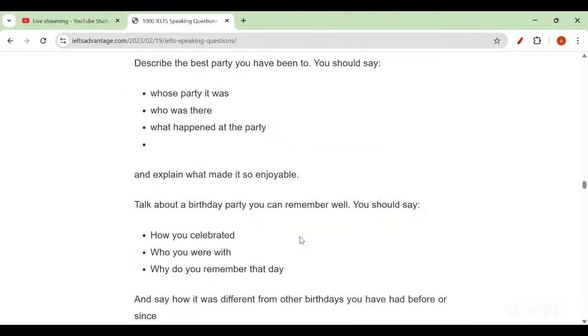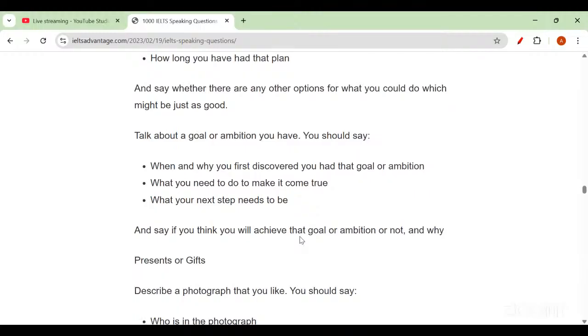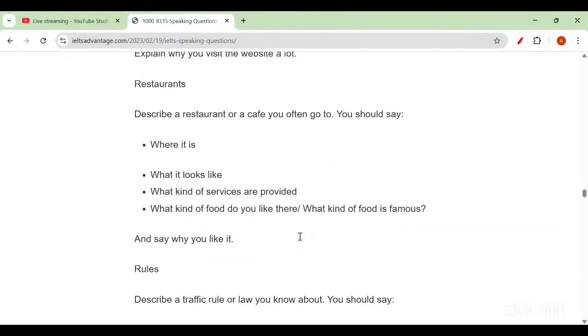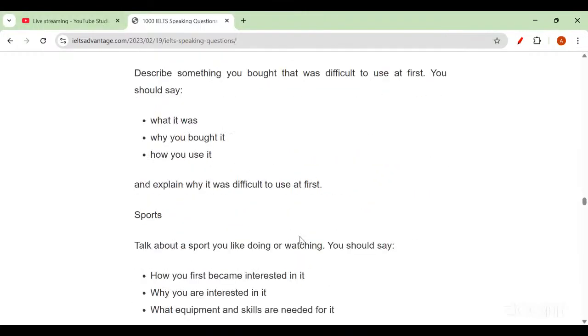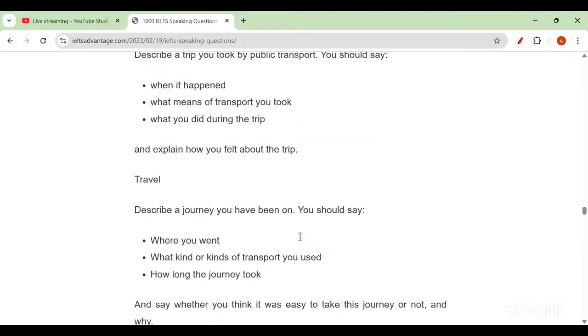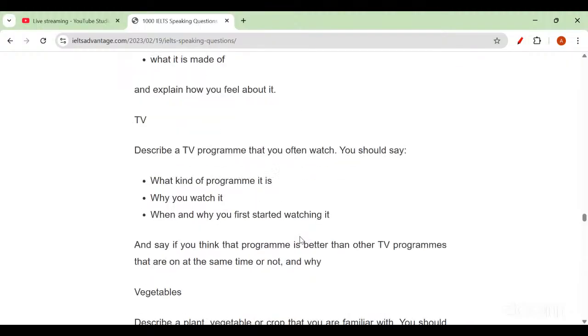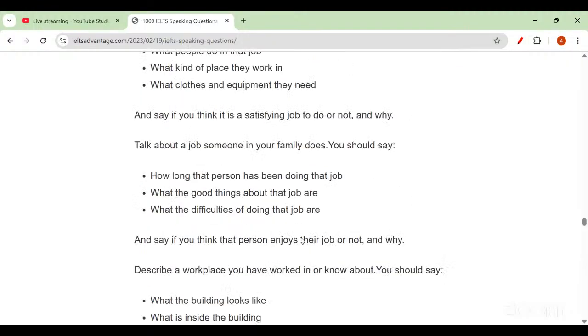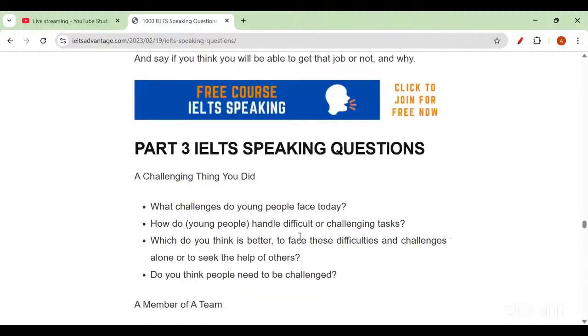These are all sample questions we can practice from here, but we don't need to practice all of these questions. We just need to practice to build our stamina and to practice how we can speak and address the answers. So these are the part 3 questions.